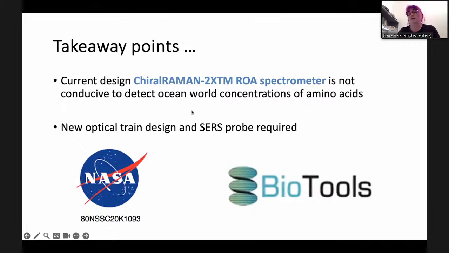So that's valuable information to ascertain, and knowing this means that for the next part of this work, there's going to have to be a new optical train design, and also sample presentation and a SERS probe would be required as well to get that surface enhanced Raman scattering, given that we're an order of magnitude weaker than conventional Raman scattering. So the idea would be to redesign the optical train and design a SERS probe to try and boost that signal to compensate for that order of magnitude weaker Raman scattering.